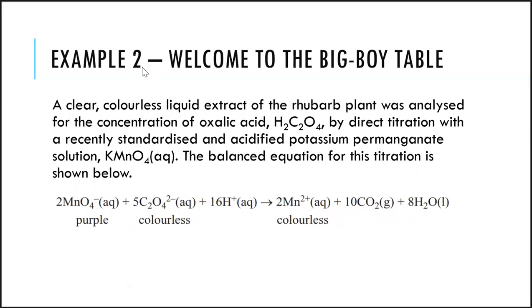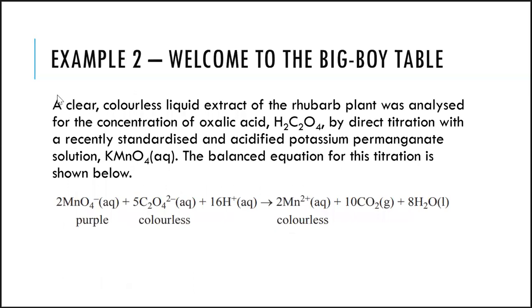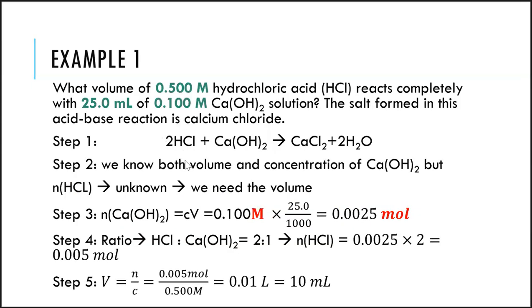Now, in year 12, welcome to the big boy table. You're most likely to see a question like this. First of all, it goes on for 2 pages. Normally what you will be given is what they're trying to do, and in this case, very nicely, a balanced chemical equation is given. You can see that both the substances and sometimes the ratio, the whole equation, becomes a lot more complicated compared to our prior example.